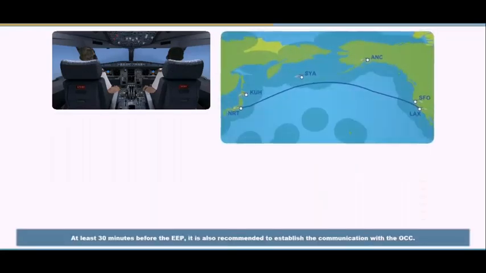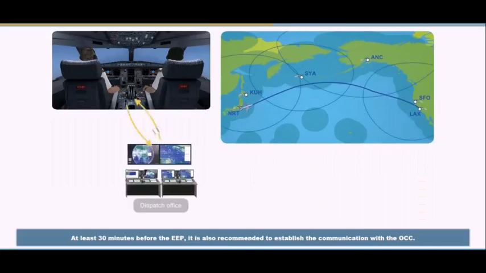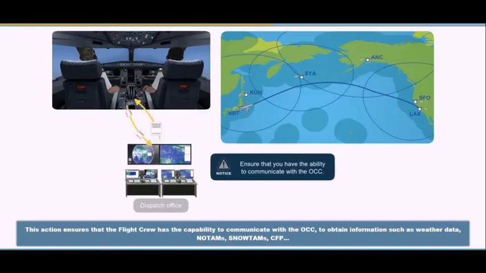At least 30 minutes before the EEP, it is also recommended to establish the communication with the OCC. This action ensures that the flight crew has the capability to communicate with the OCC, to obtain information such as weather data, NOTAMs, SNOTAMs, CFP.